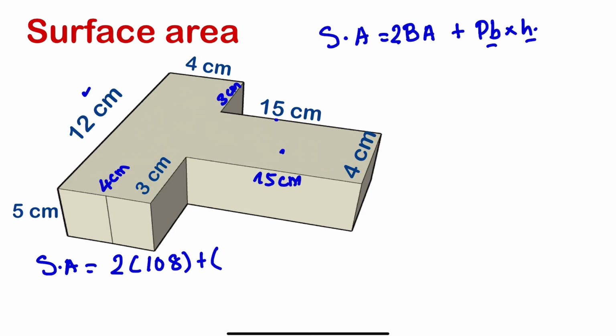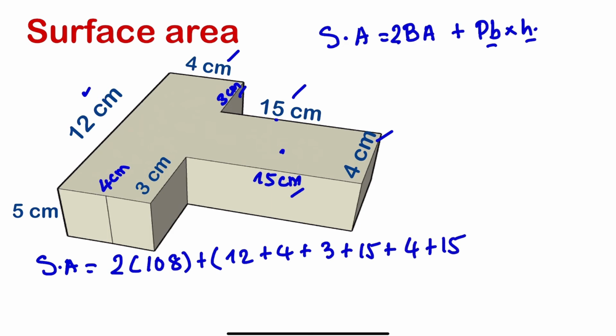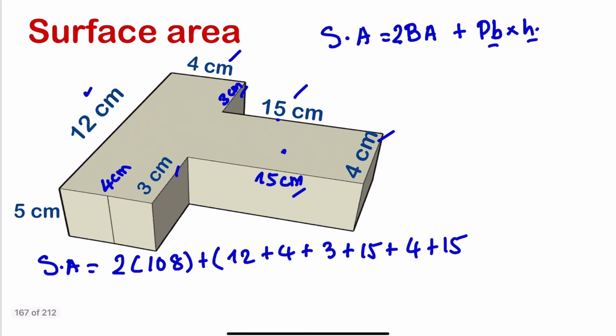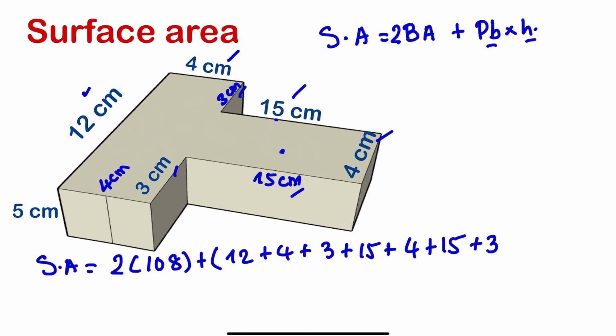So we are going to have 12 plus 4 plus 3 plus 15 plus 4 plus 15 plus 3 plus 4, times the height.